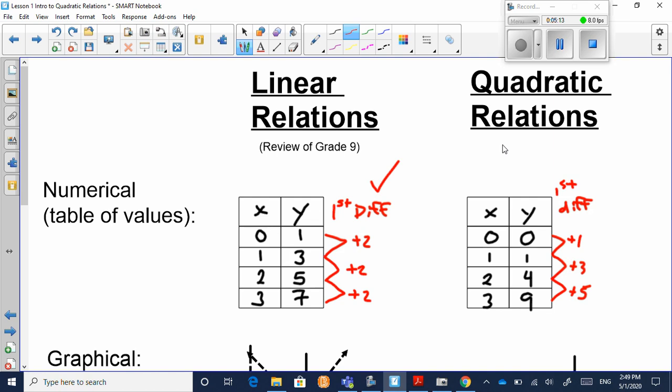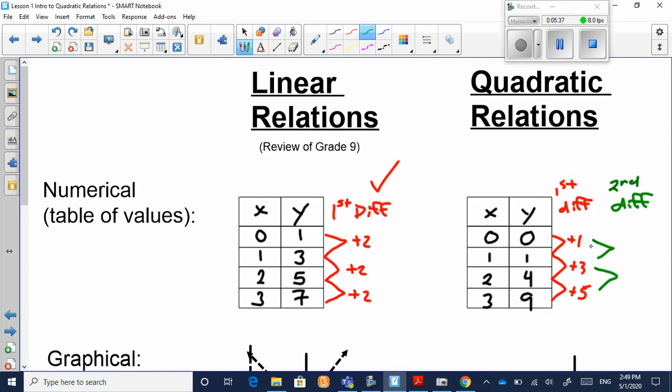But what we're going to see now in Grade 10 is that we can start looking a little bit beyond that, and we can do something called a second difference. Now we're interested in the differences in the differences. So what's happening between the first differences?